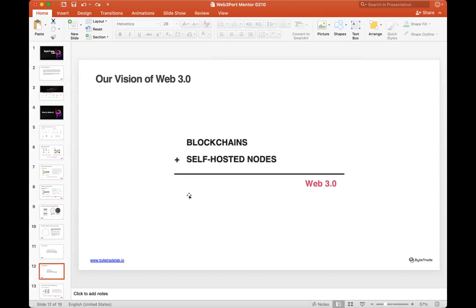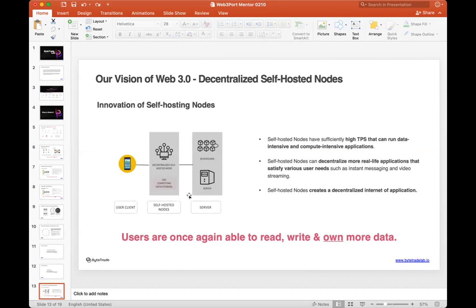So how do we achieve that? Blockchains have created the decentralized internet of assets, and we believe that to have the decentralized internet of applications, self-hosted nodes would be imperative. So what are self-hosted nodes? For those who are not familiar with this, in a very short description, it is your personal AWS.